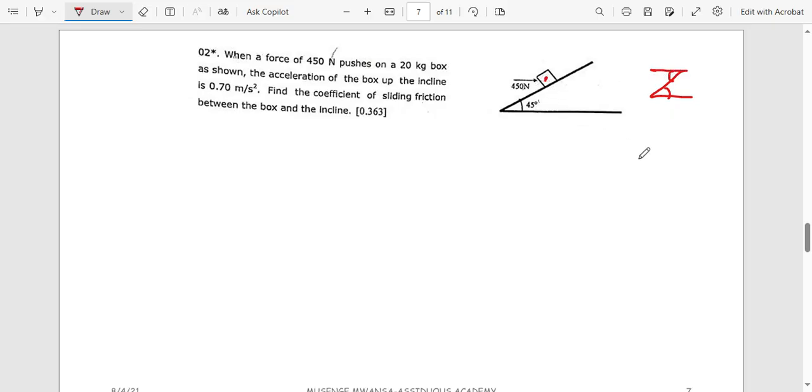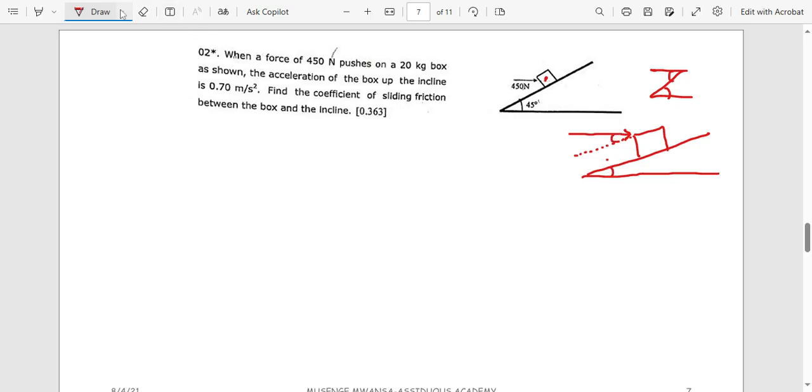So this is our incline, this is the object, and here is the horizontal. We are applying a force like this, and then we have got this angle like that. So the angle here is going to be equal to the angle there.